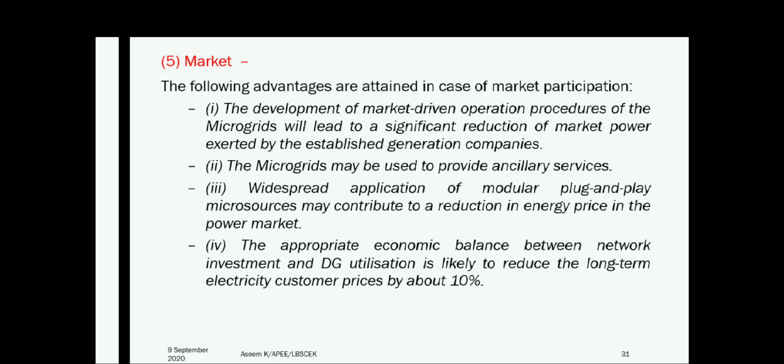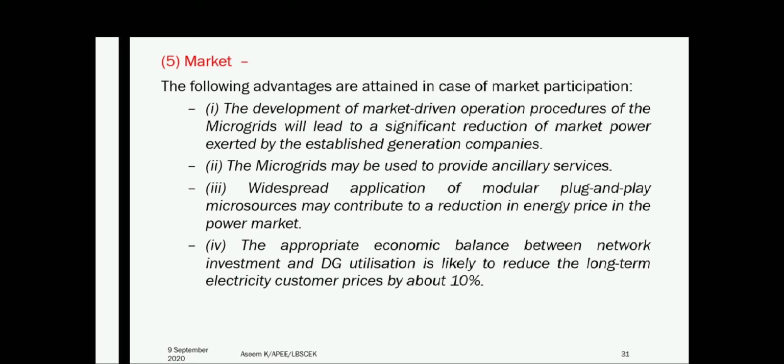Also, a microgrid customer, a consumer who is producing some amount of electrical energy, also gets some benefit from the surplus power.